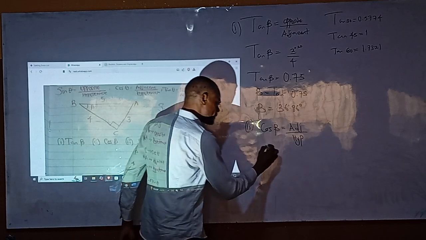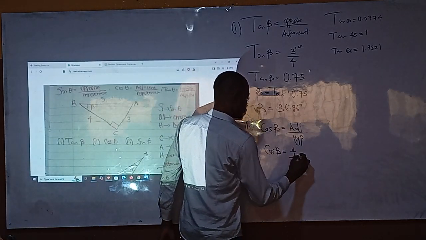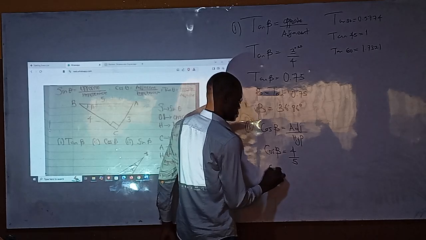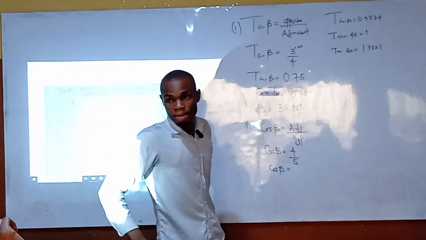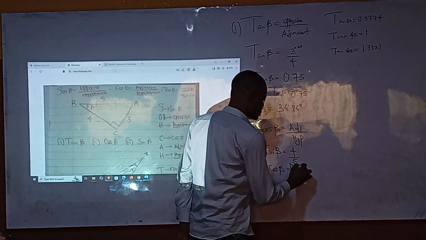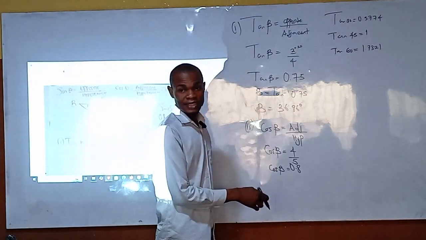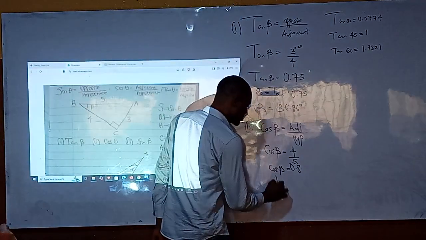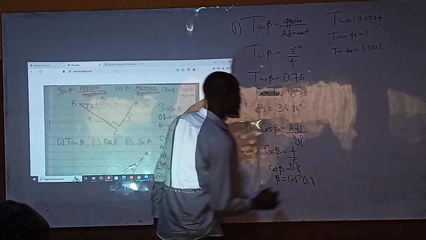You now say cos beta equals adjacent over hypotenuse, 4 over 5, which is 0.8 only. Now you take cos to the other side, so beta equals cos inverse of 0.8.